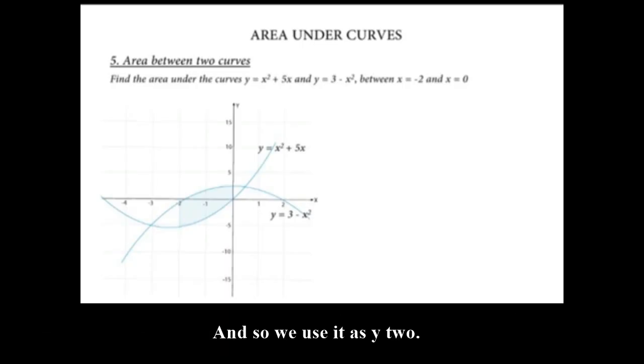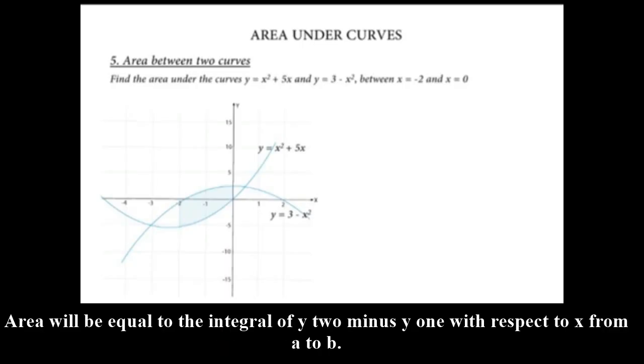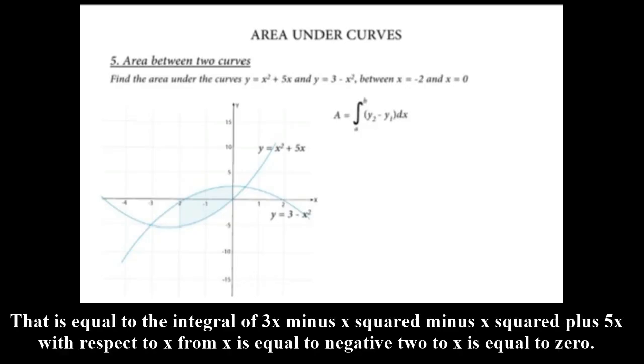And so we use it as y2. Area will be equal to the integral of y2 minus y1 with respect to x from a to b. That is equal to the integral of 3 minus x squared minus x squared plus 5x with respect to x from x is equal to negative 2 to x is equal to 0.